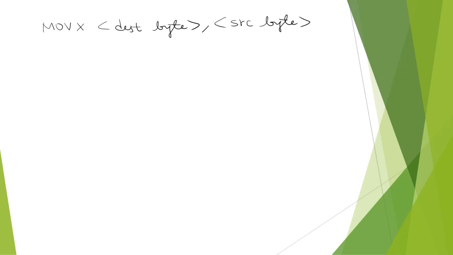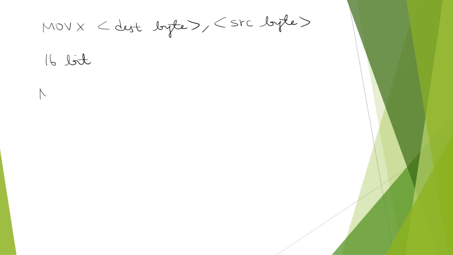Since external data memory is being accessed, we have the X appended to MOV. The external memory address can be 16-bit or 8-bit. If the external memory address is 16-bit, then it can be held by the data pointer register DPTR.